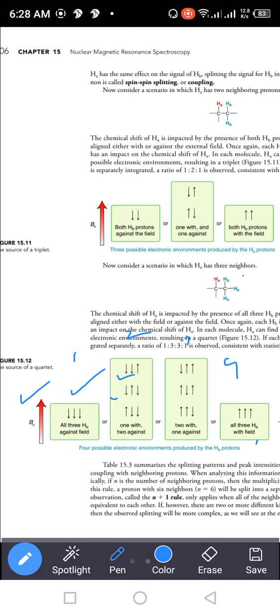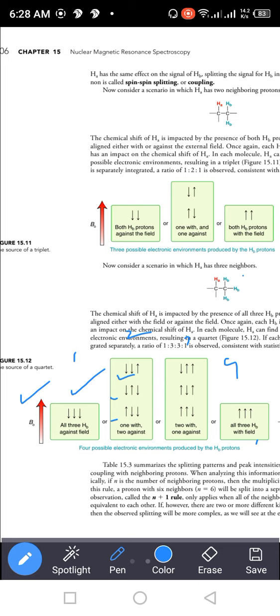In the third pattern, the first proton has an upward direction, as in the external field, and the remaining 2 protons have a downward direction. So in the second possibility there are 3 different patterns of protons aligned with or against the external magnetic field.